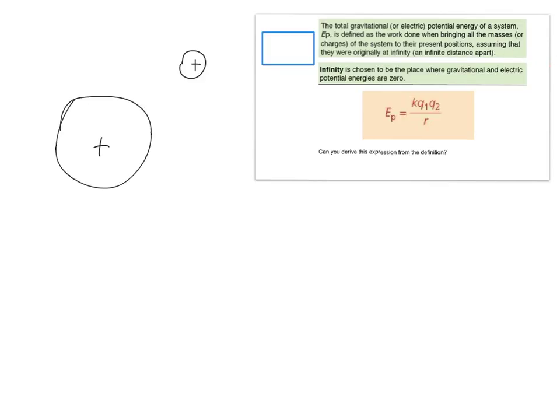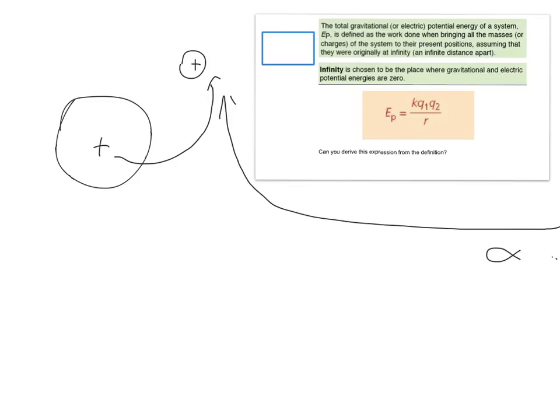So the potential energy that this charge has in this repulsive field is equal to the work done in bringing it from someplace outside the field, or the influence of the field, which we will term infinity.